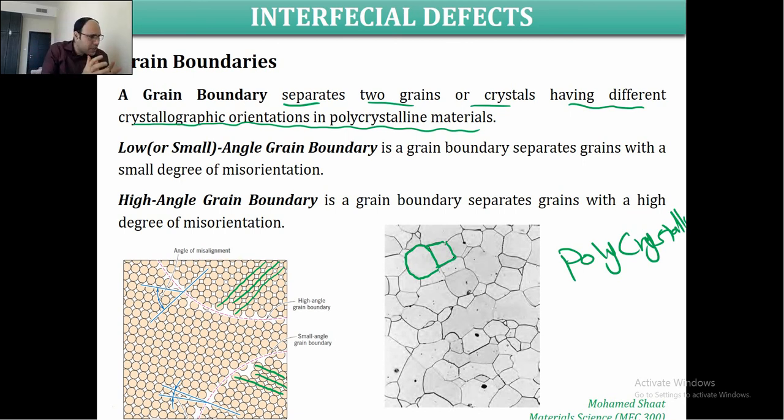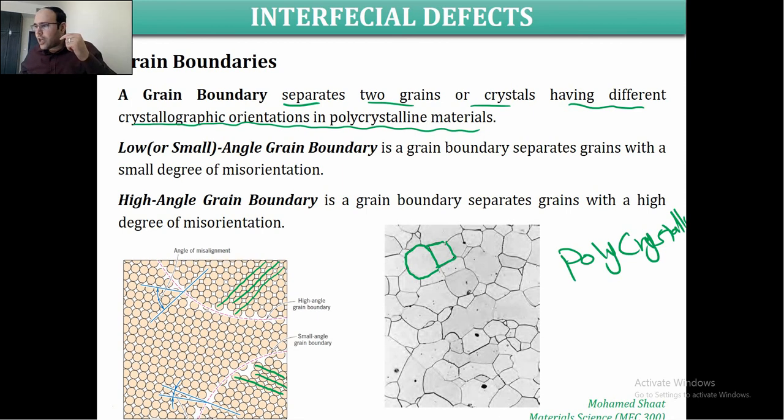This is what a crystallographic direction or orientation means: these atoms are oriented in this direction, but these atoms are oriented differently. So this is a difference. This makes this group of atoms form a crystal, which would be counted as another crystal compared to this group of atoms. So this group of atoms forms another crystal, another grain.